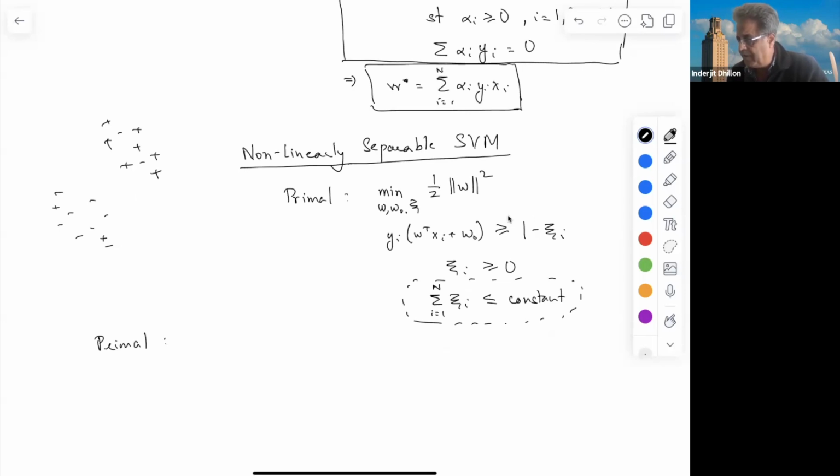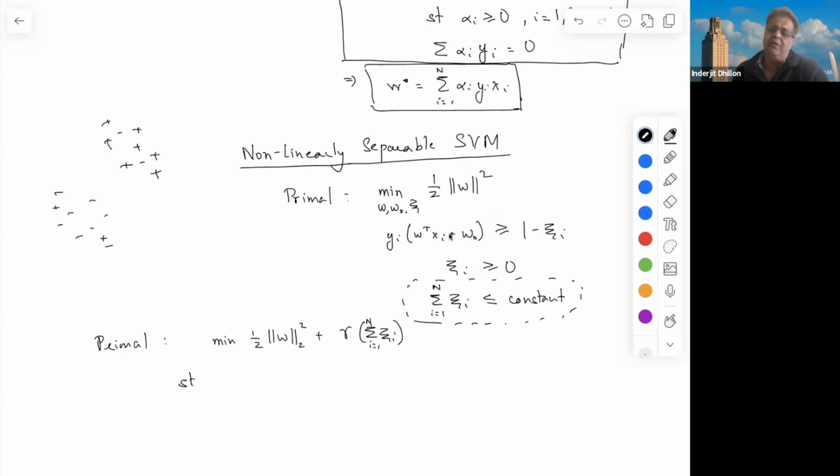Let me write it. Minimize half of the norm of w squared plus gamma times the summation of psi i, i equals 1 through n, such that, and let me put this into standard form. Remember, standard form is that I want all the fi(x)'s to be less than or equal to 0.